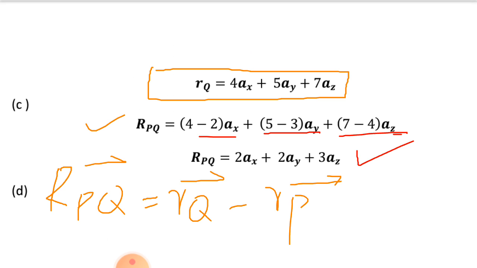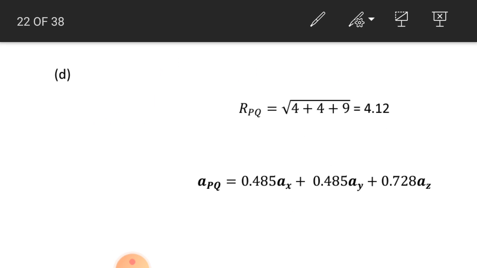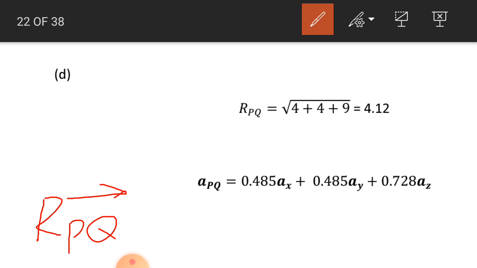Well, we calculate the unit vector in the direction of the distance vector RPQ. So we need to calculate the unit vector in the direction of this distance vector RPQ.